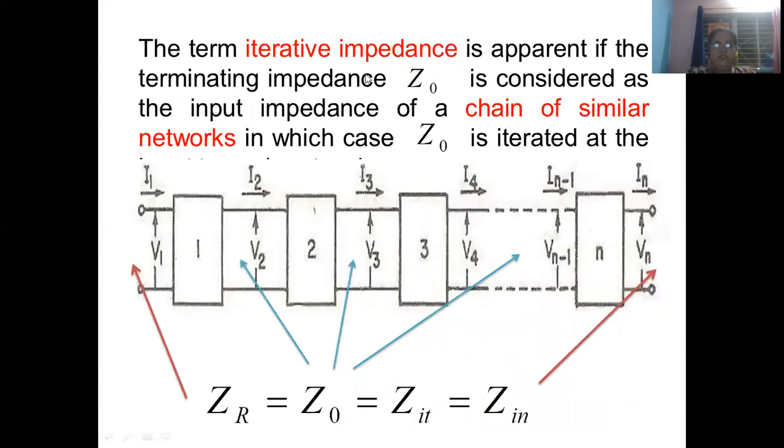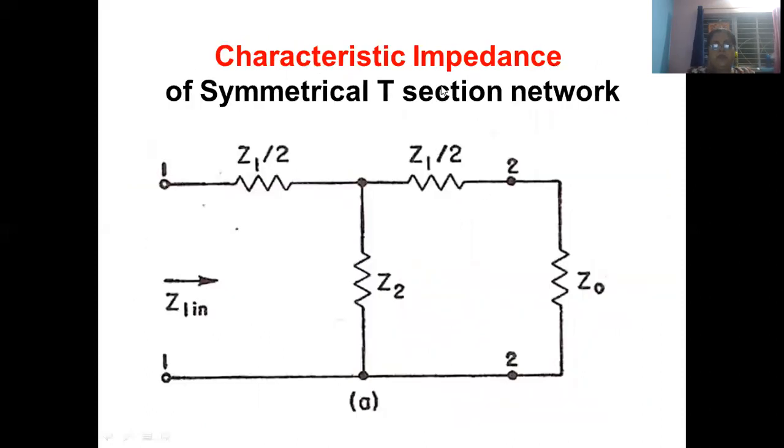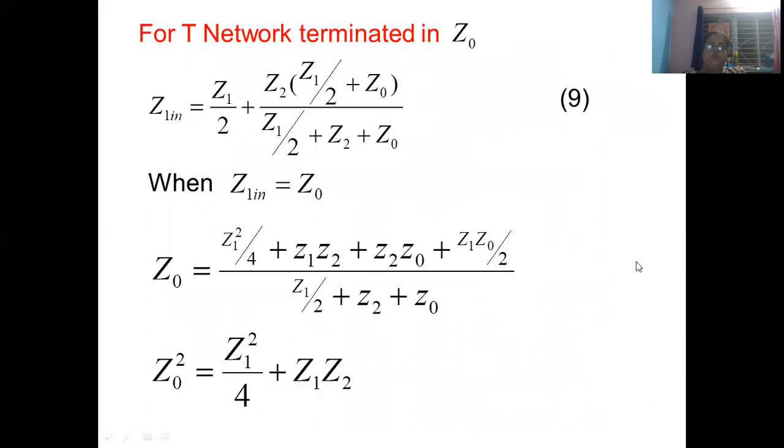Now the term iterative impedance: we have considered the iterative impedance where the measured value at the input terminal is equal to the terminating load value. For the symmetrical T section, we have derived the characteristic impedance by connecting Z1, Z2, Z2, where the terminated load is Z0 and the input impedance is also equal to Z0.